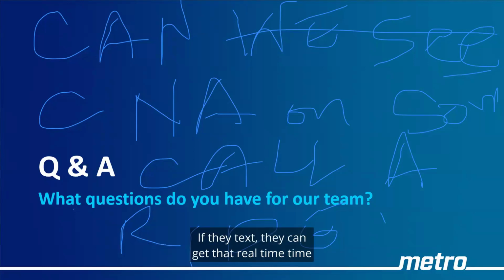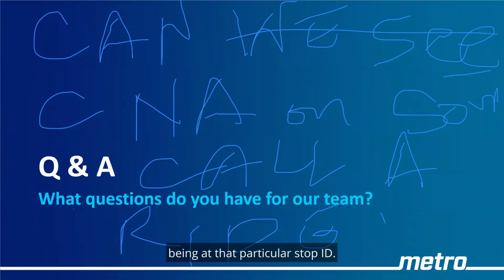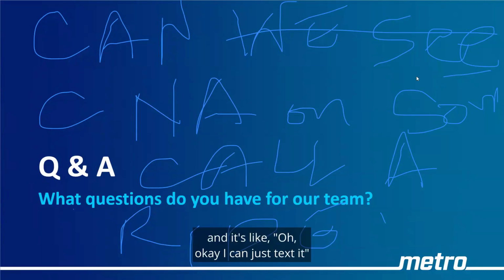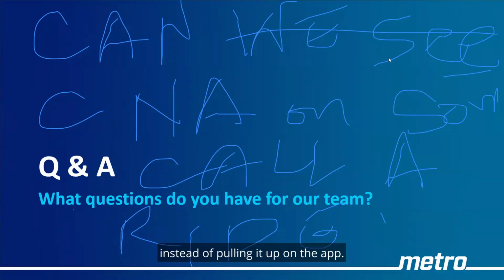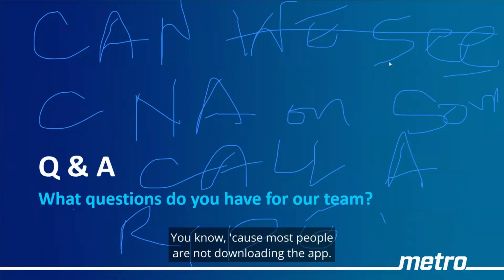If they text, they can get the real-time arrival of any bus at that particular stop ID. So I think it's wise that they know it's out there and it can be used. And it's like, oh, okay, I can just text it instead of pulling it up on the app, because most people are not downloading the app.